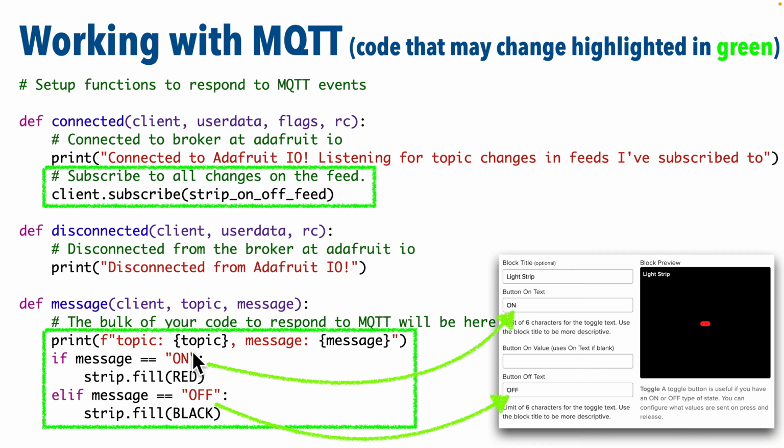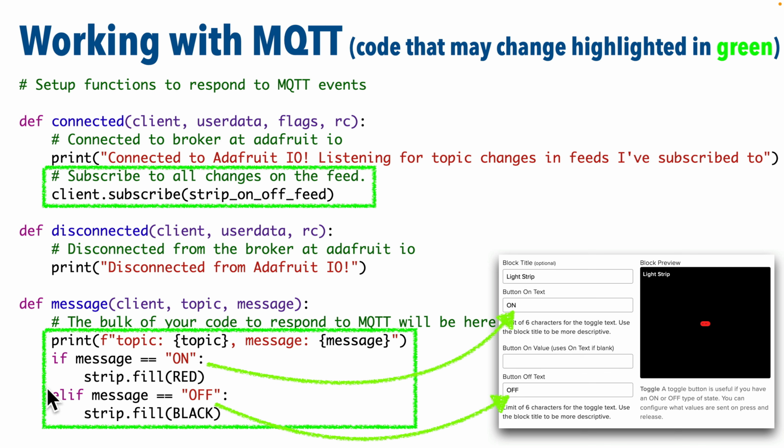Now what we'll do here is print out the topic, which is the feed name, and the message that we receive. We should be receiving one of two messages, either the string ON in all caps, because remember, when we set up our toggle block, we had ON as one of the options in the dashboard, and if we receive that, we're going to turn our strip red, or if we receive OFF in all caps, we're going to turn our strip black, which essentially turns all the lights off.